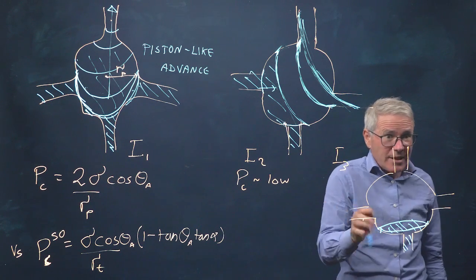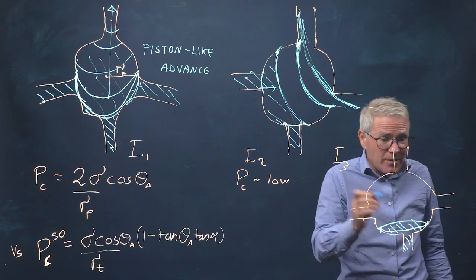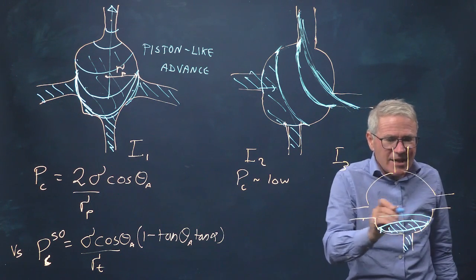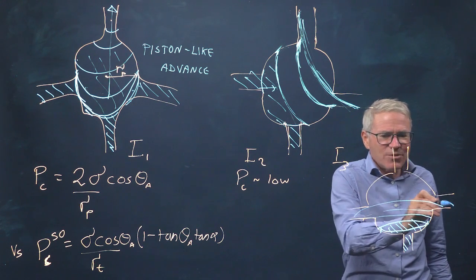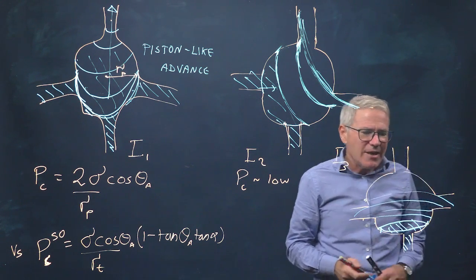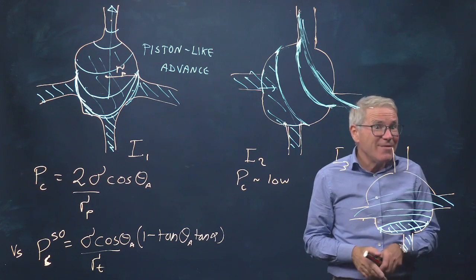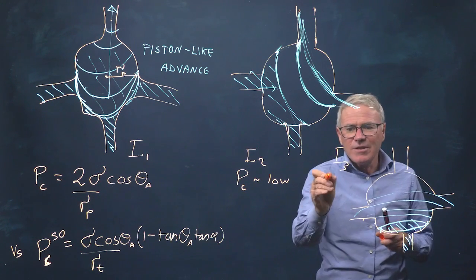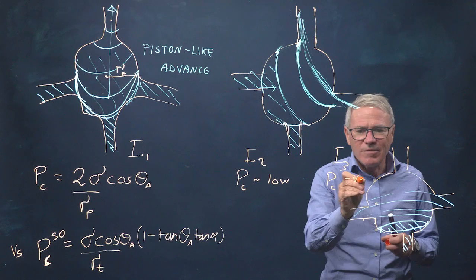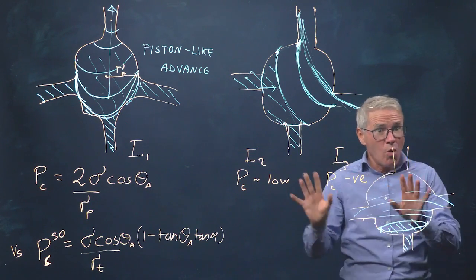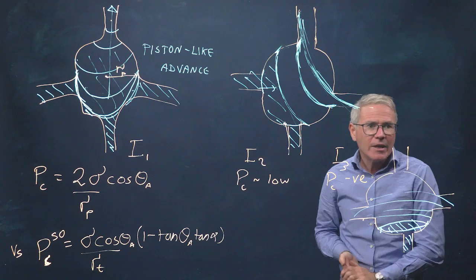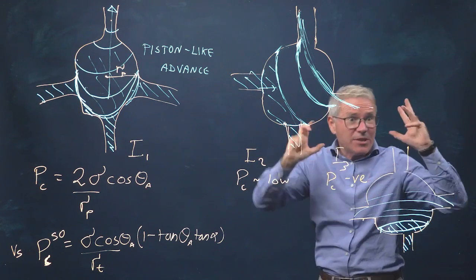So this is a contact angle of, say, 30 or 40 degrees, perfectly reasonable. Then it gets easier, then it gets flat, but then it has to bulge out again to get across the throats. So here, the capillary pressure can actually even go negative. So PC is negative.